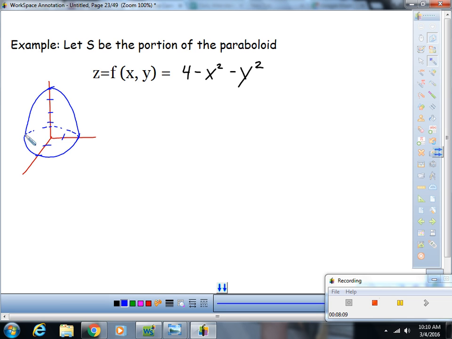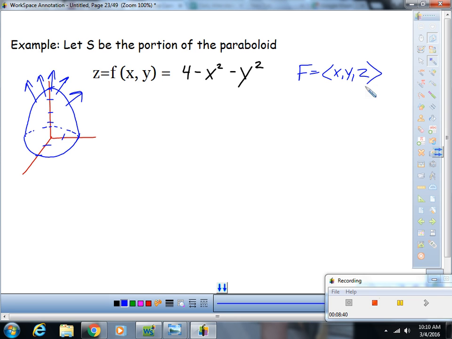We've got upward flow. And our capital F is x, y, z.